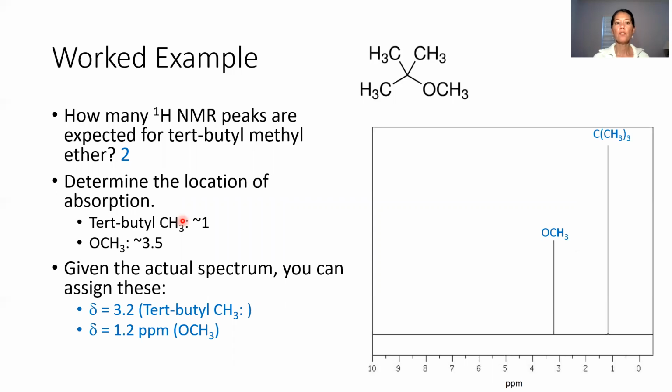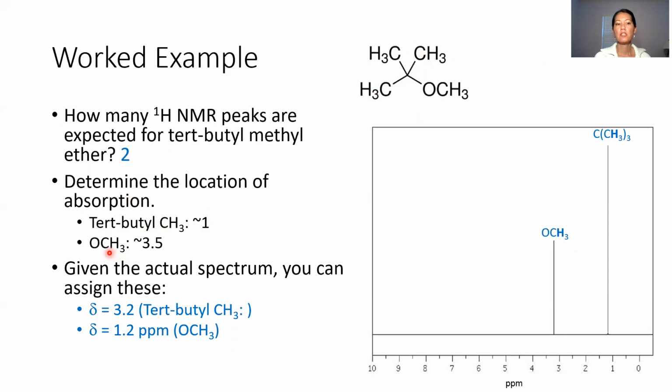Okay, so first of all, you should have come up with 2 different types. The methyls on the tert-butyl, those are identical, so that's one type. The methyl H's off this C connected to the electronegative O are another type. So those are 2. If you go back to that chart, you can see tert-butyl will have a hydrogen off of a carbon that's sp3, so it'll be around 1-ish.